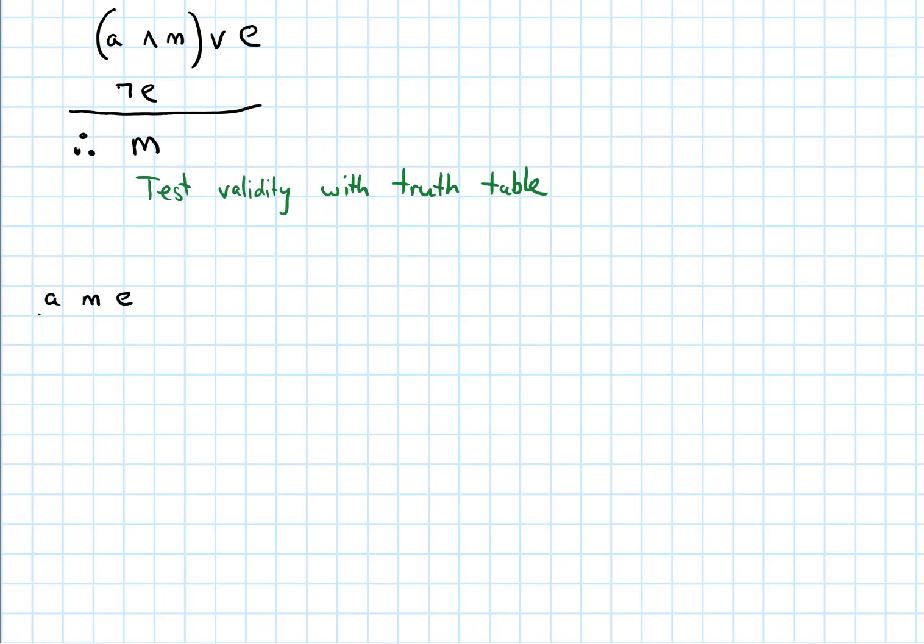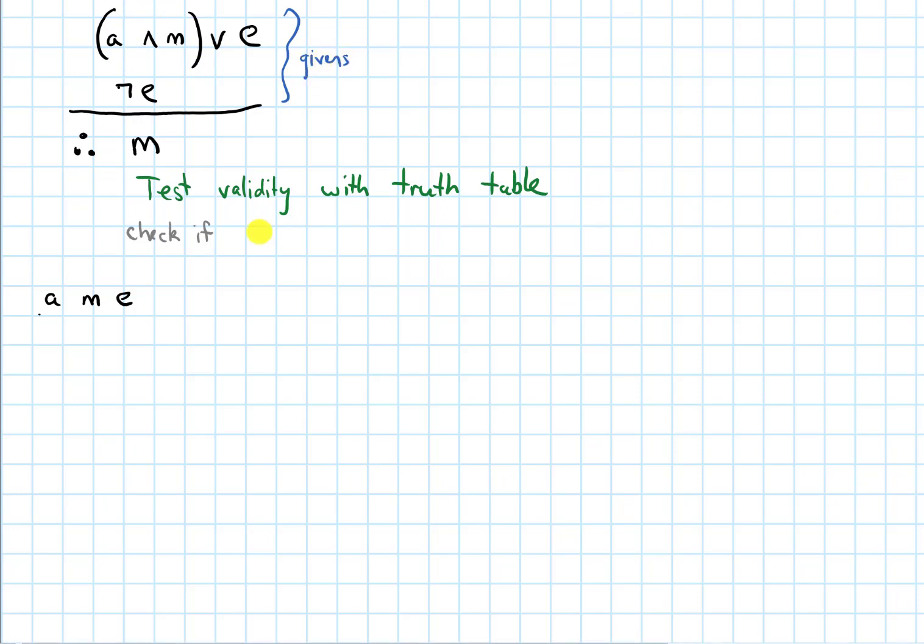And actually, before I go to the truth table, I need to build the proposition that I'm going to check in the truth table. So I got to take all of the given propositions, so these ones are the givens, and make a big old and statement out of them.